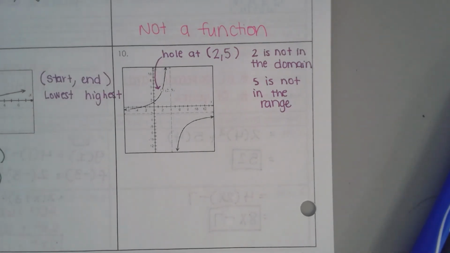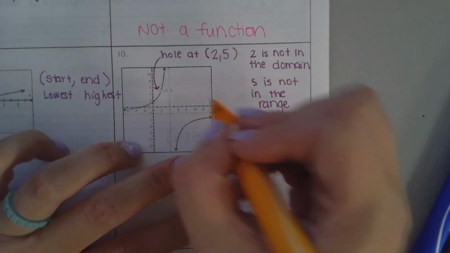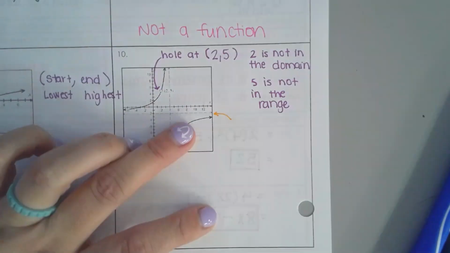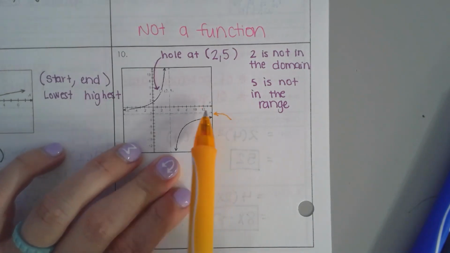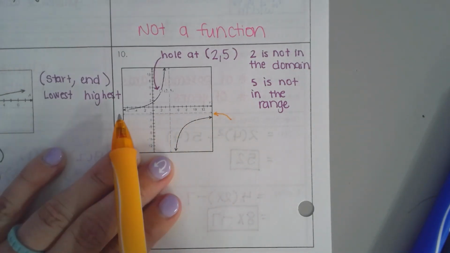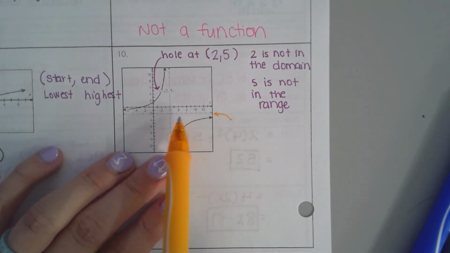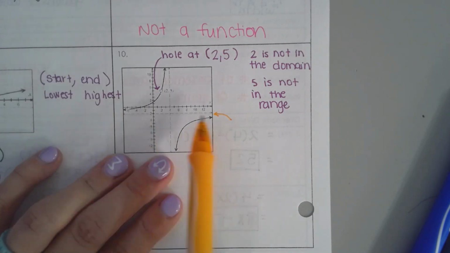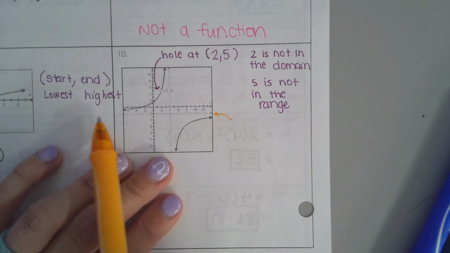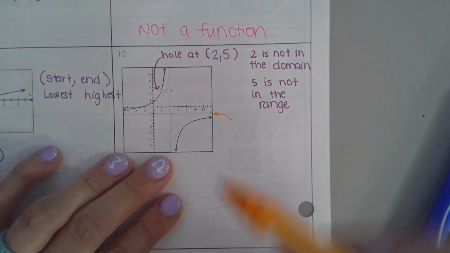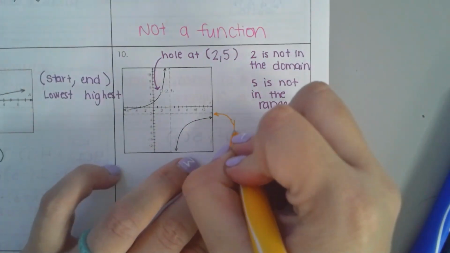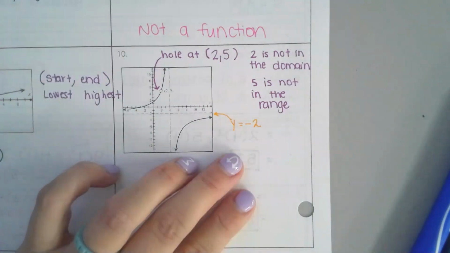We also have those imaginary lines, which we call asymptotes. So right here is one. This line crosses through the y-axis, correct? This is the line y equals -2.